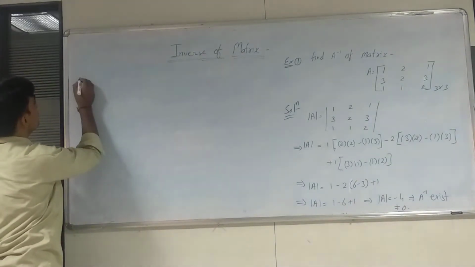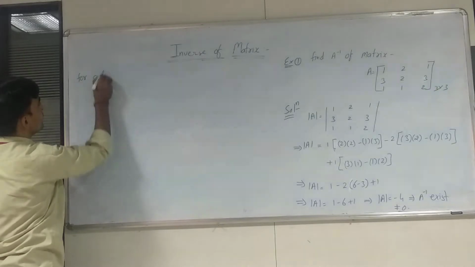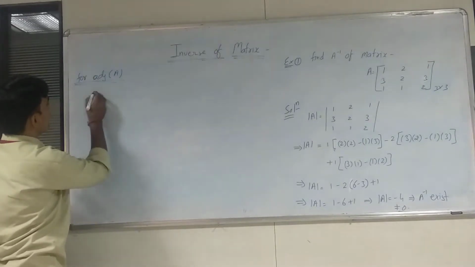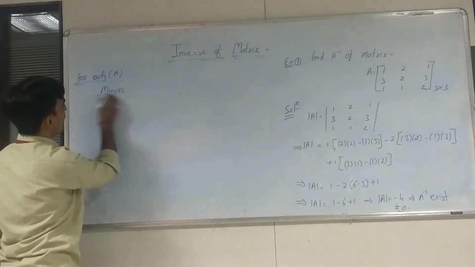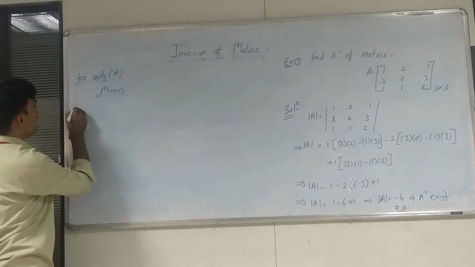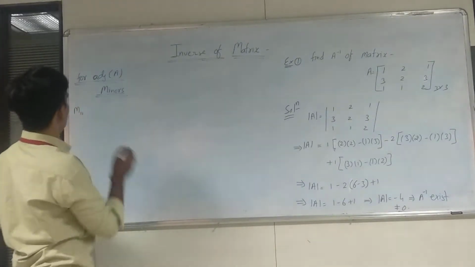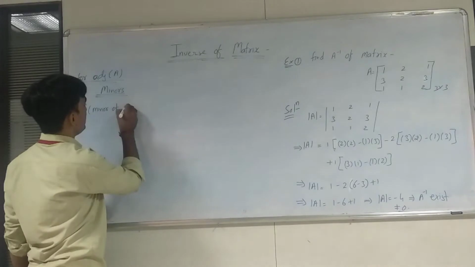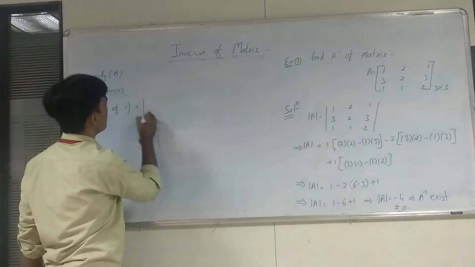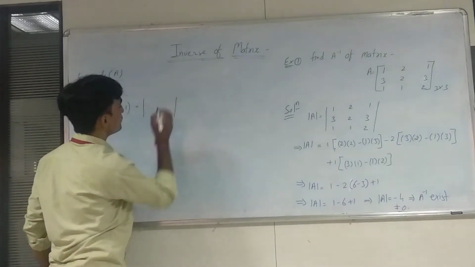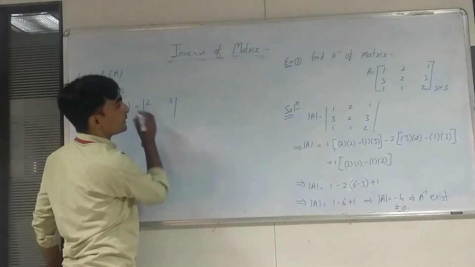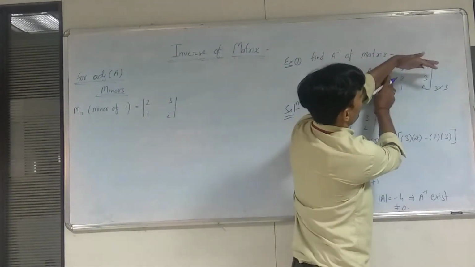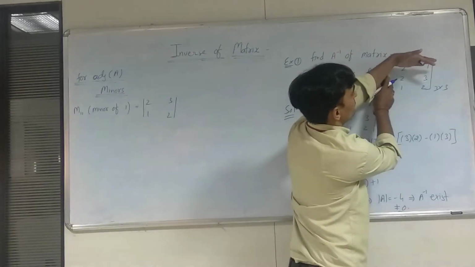Now for the adjoint of A, first of all we will find the minors. M11 is the minor of the first row, first element, which is 1. So the minor of 1 is 2 3 1 2. Here we neglect this row and this column, and the rest gives us minor M11.